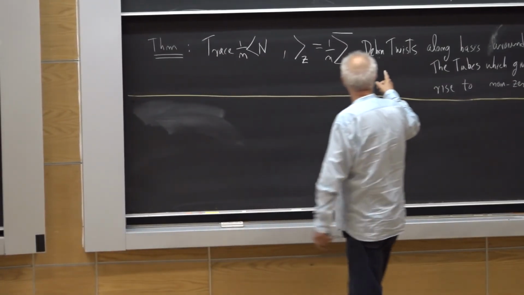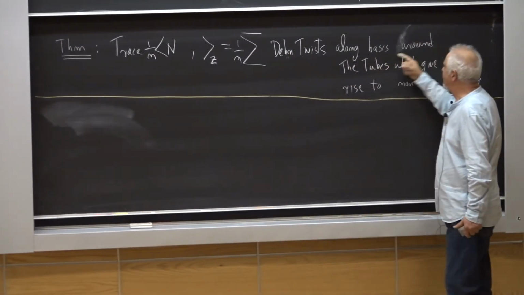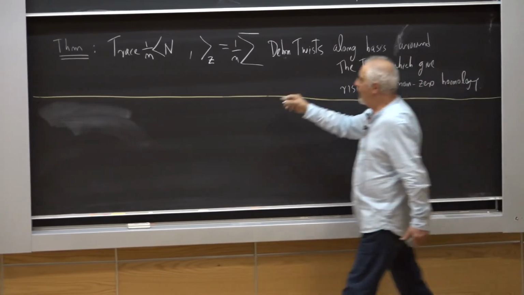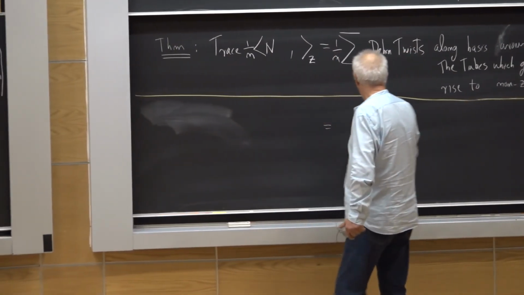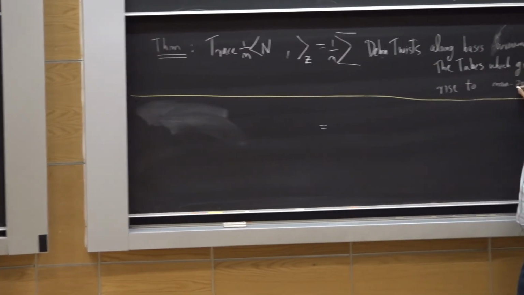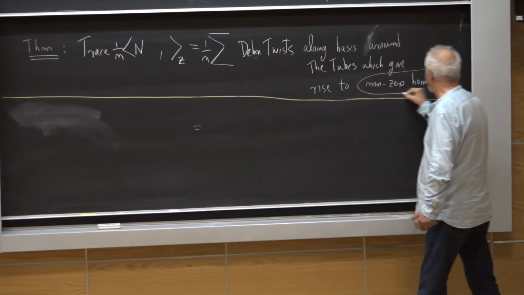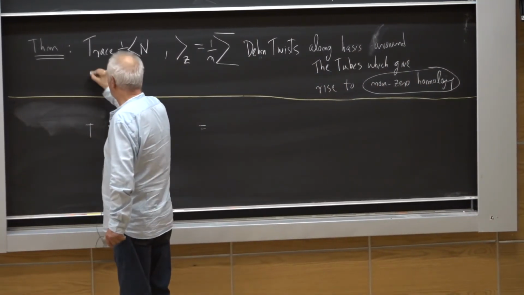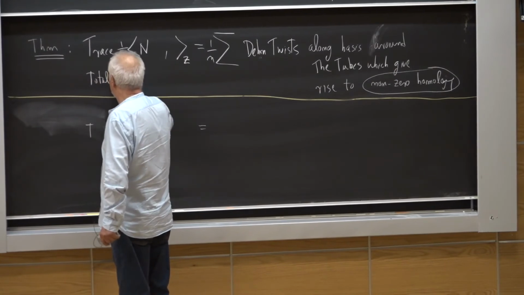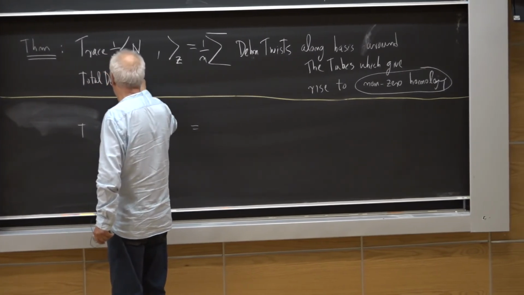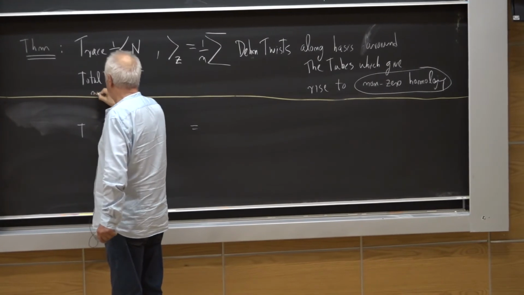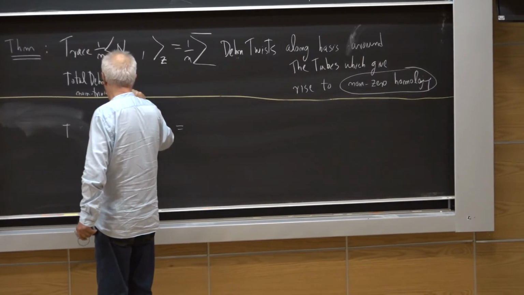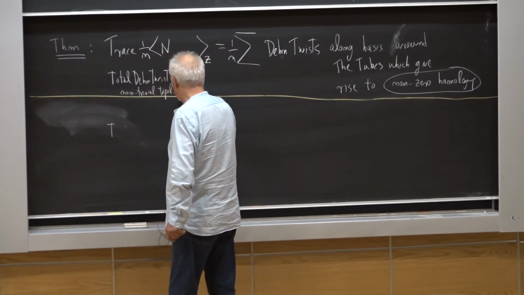Here I said this is the Dehn twist along the tubes around the bases which give rise to non-zero homology. And so we have a bigger sum, where it doesn't matter if it gives rise to non-zero homology or not. So this one over here is the total Dehn twist of non-trivial topological loops.